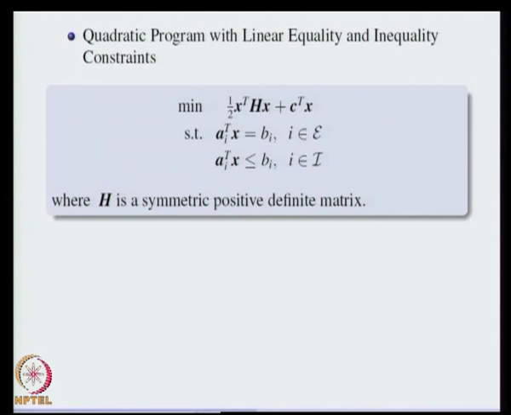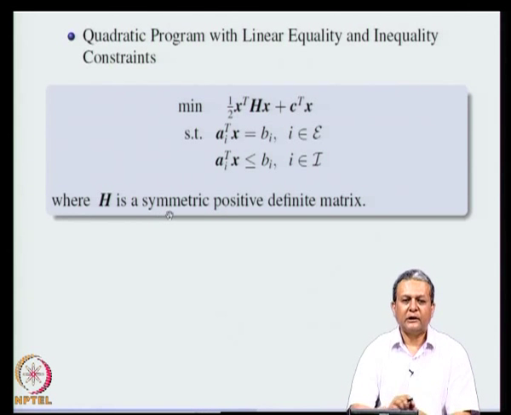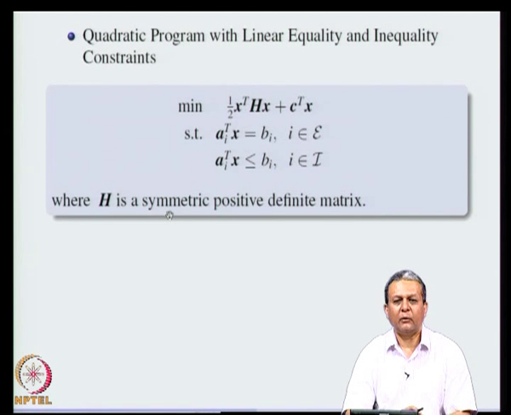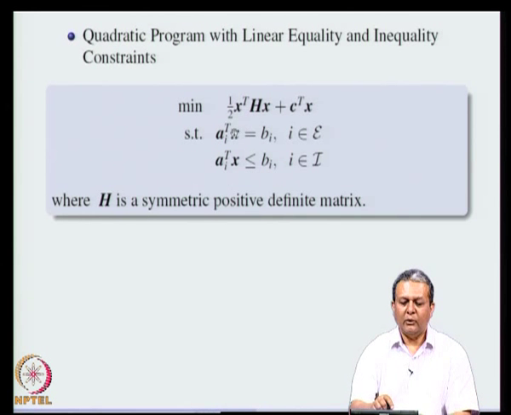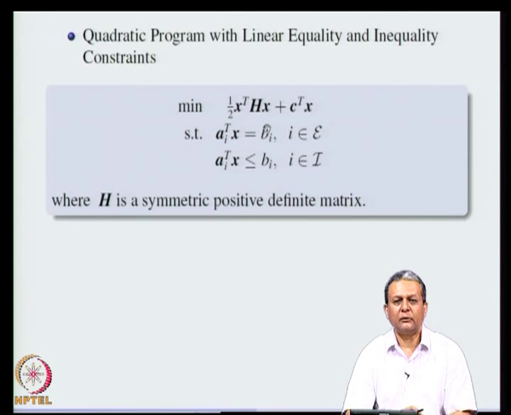Now, we move on to the second problem, where we want to solve a quadratic program with linear equality and inequality constraints. So, in particular, for a given H matrix which is symmetric and positive definite, the aim is to minimize half x transpose H x plus c transpose x subject to a_i transpose x equal to b_i, i belongs to the index set of equality constraints, and a_i transpose x less than or equal to b_i, where the index set comes from the script I. Okay.